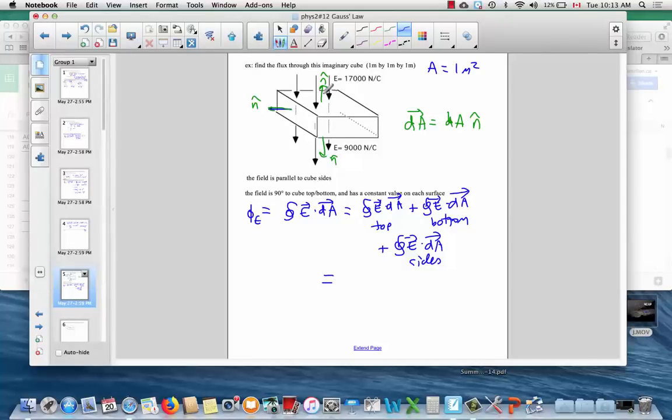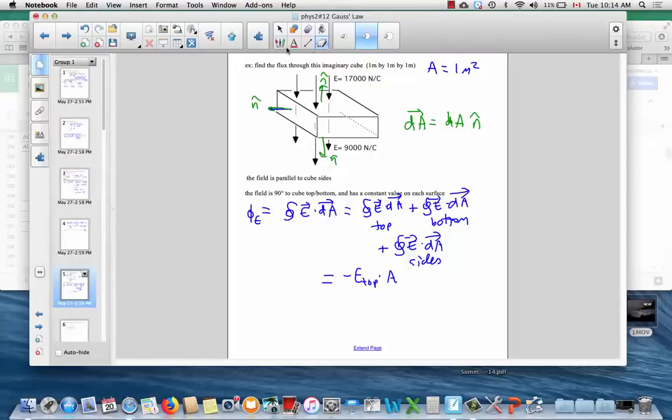Now over the top, because the vectors are opposite, the dot product gives -1, and you end up with a constant electric field that comes out. Adding up the area is the area of the top, and the area is just 1 meter squared for each surface.